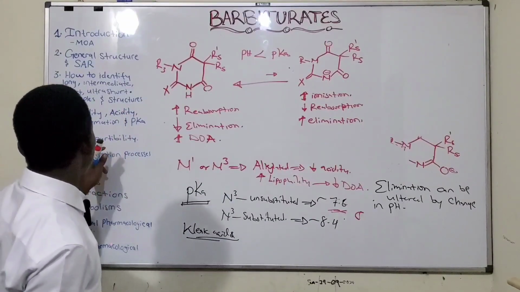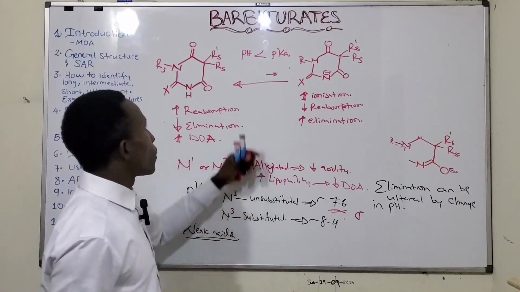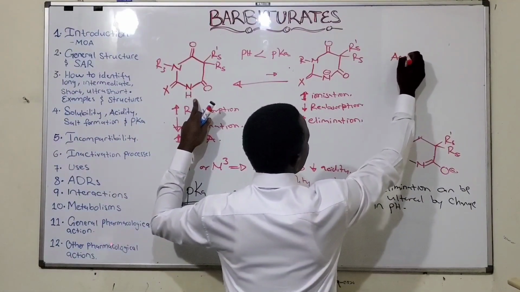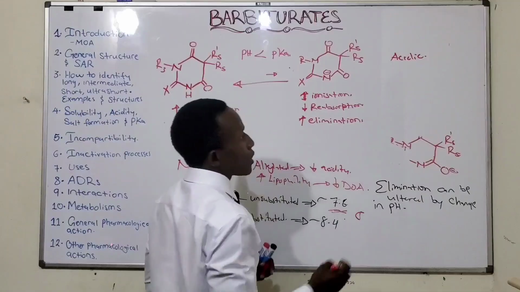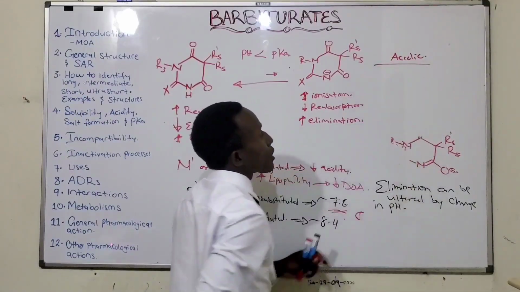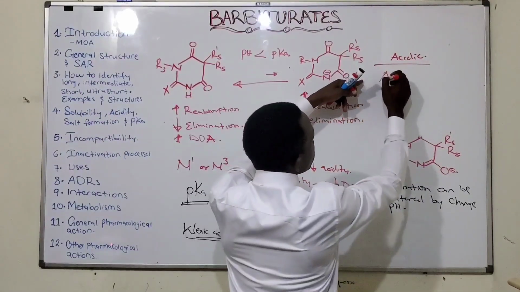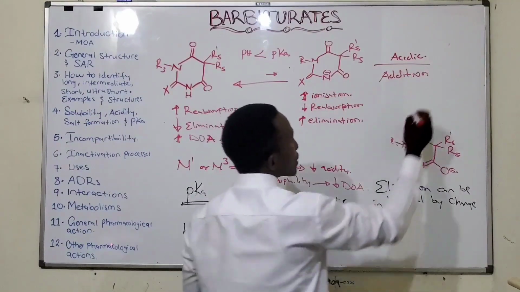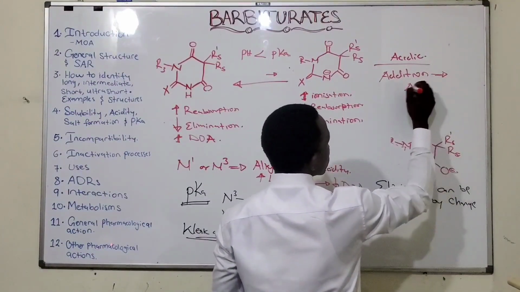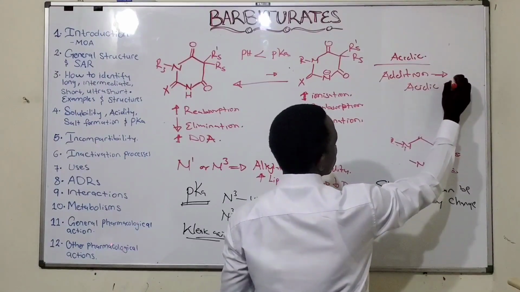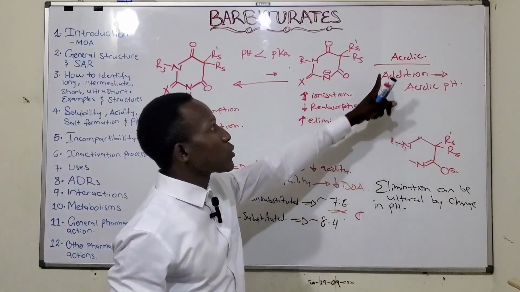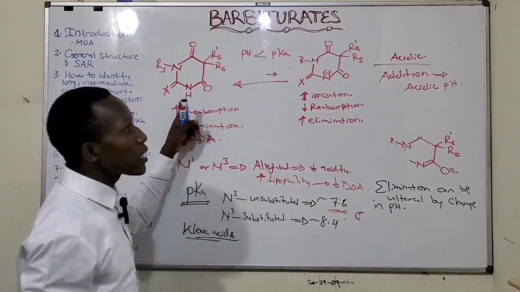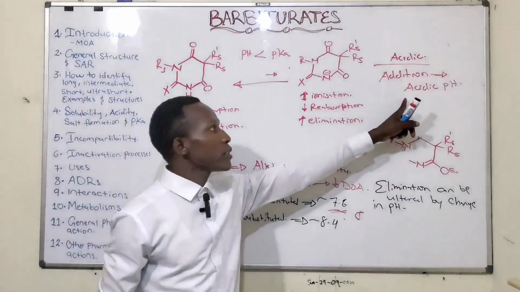Let's talk about the incompatibilities. Since these drugs are acidic, the addition of a solution or any substance with an acidic pH will lead to precipitation of the drug. This drug will be more unionized because of the acidic environment.